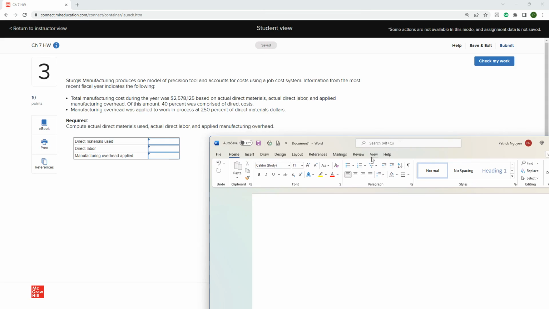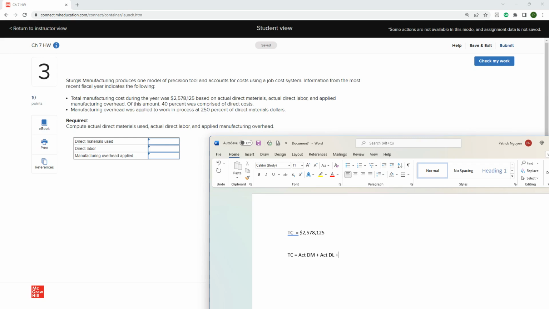So we can put TC equals $2,578,125. It also tells us that total cost is comprised of actual direct materials plus actual direct labor plus applied overhead. That's another equation.